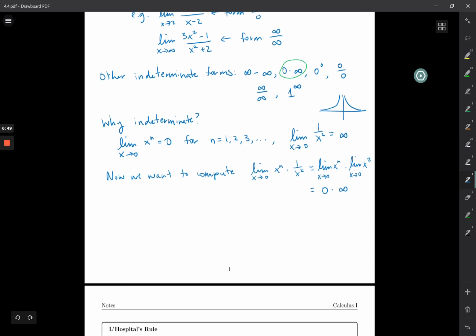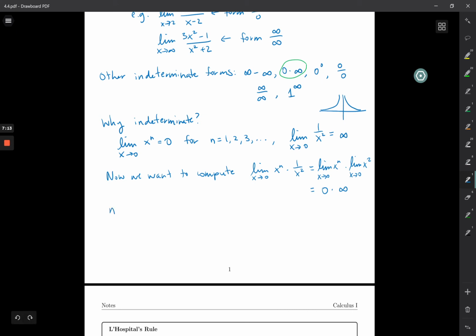Okay, and now we'll see that if we evaluate these for different choices of n, we'll get different answers. So in general, anytime you have any n, you'll get an indeterminate form of 0 times infinity, and then if you do more manipulation, you're able to get an actual answer, right?